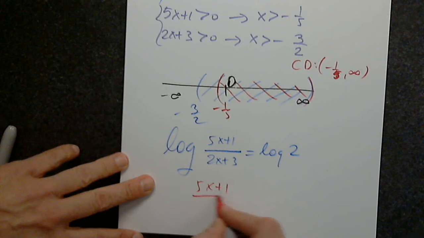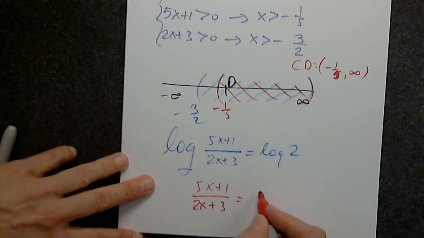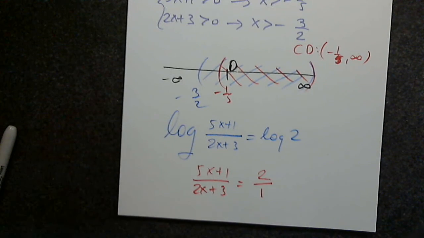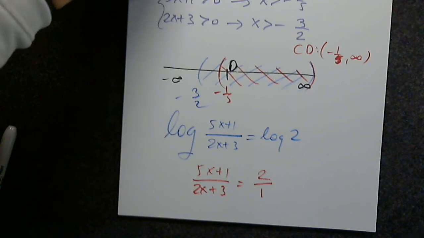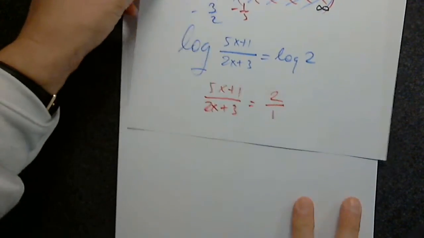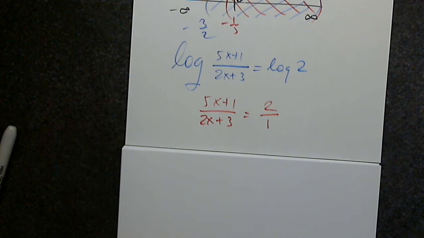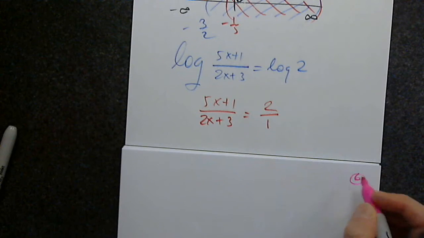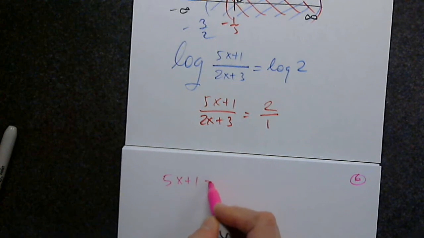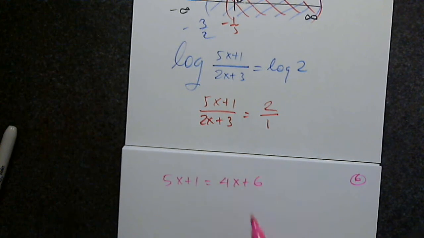So 5x plus 1 over 2x plus 3 equals 2, or 2 over 1, to refresh my memory on the fact that this is a proportion. And then I will cross multiply, which in a way sometimes is easier than solving a quadratic equation, right? So then we have 5x plus 1 equals 4x plus 6.